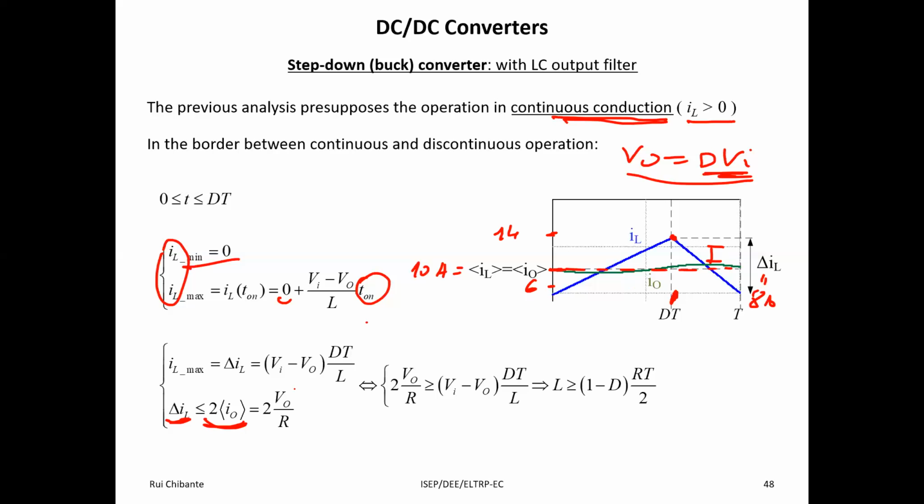So as long as the delta I_L is lower than twice the average value, I am always in continuous conduction.